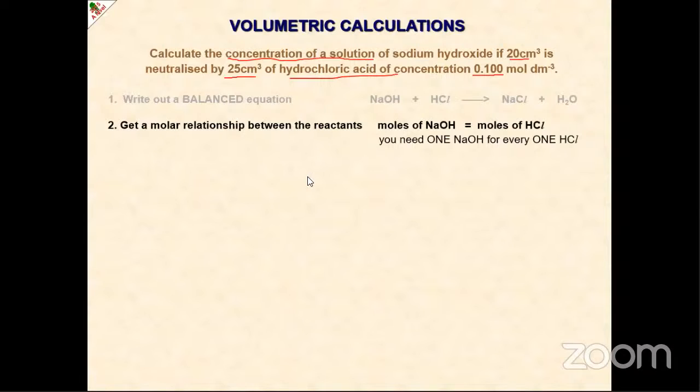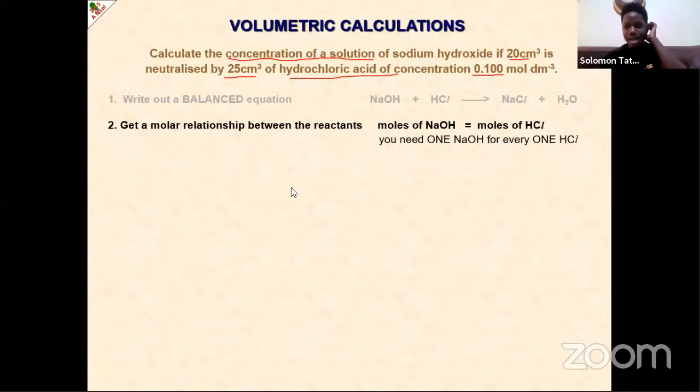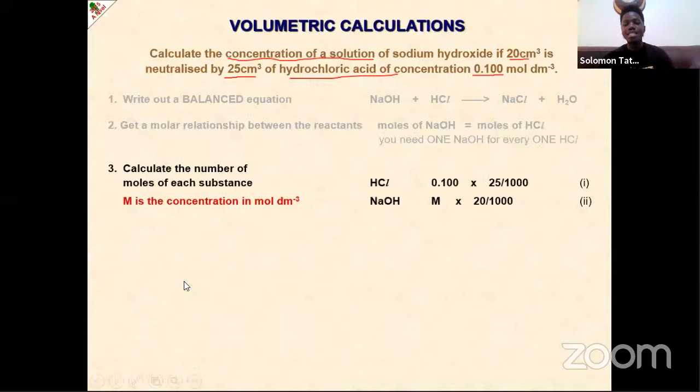Okay, let's continue. So now we have the mole ratio. Now, like Faith said, we go to the next step of calculating the number of moles of each substance. So the number of moles of HCl will be 0.1 times 25 over 1,000.